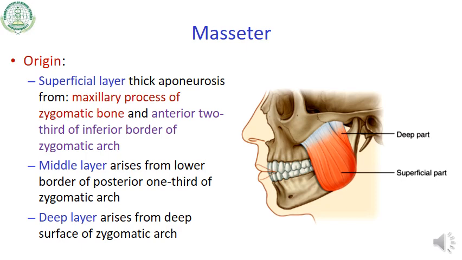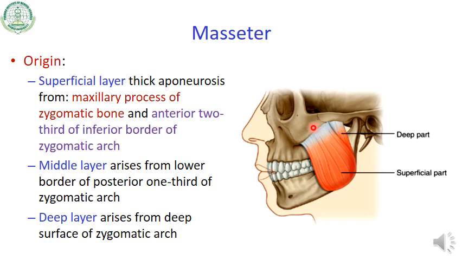The superficial layer arises as, you can see, the thick aponeurosis of masseter muscle from the maxillary process of zygomatic bone. So you can see this is the zygomatic bone.